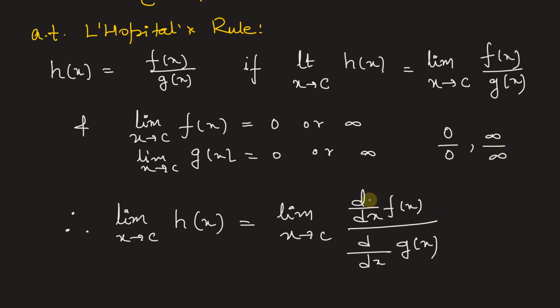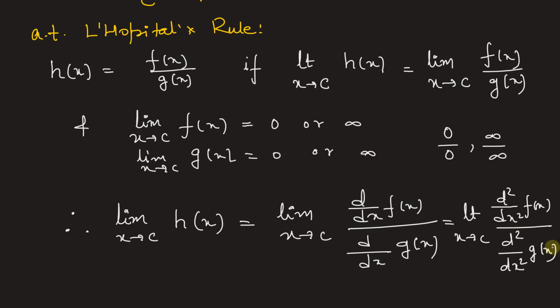So if again d by dx of f of x is 0 and at the same time d by dx of g of x is 0, that means these are also in 0 by 0 form, then we will write this as limit x tends to c of d2 by dx square of f of x, that means the second derivative of f with respect to x, and d2 by dx square of g of x. Okay, so this will keep going on.